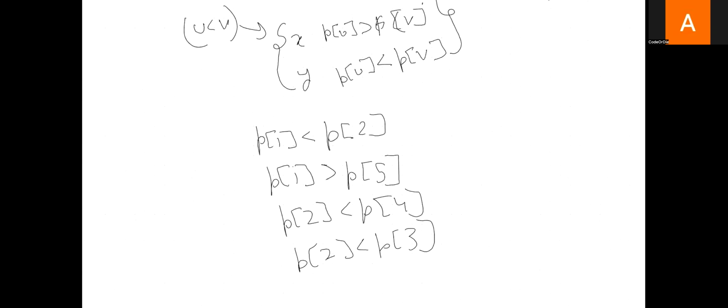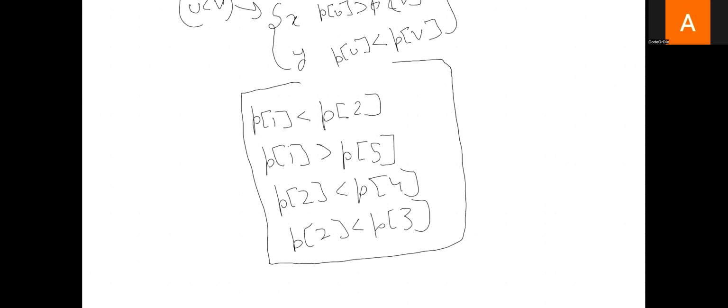Now, what do you think? Can you get the permutation if you know this fact? Have you read about topological sort? If you have not read that, then first read that topic and then you will be able to solve this.